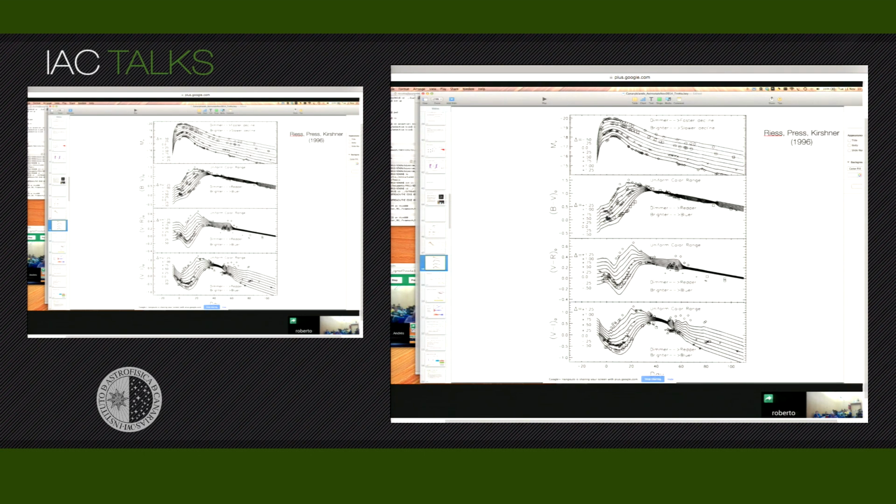You can see the same thing again. The brighter objects are slower to decline. The fainter objects decline more quickly. But what they also did, they looked at the color of the object. They looked at the excess B minus V color, excess compared to the mean.